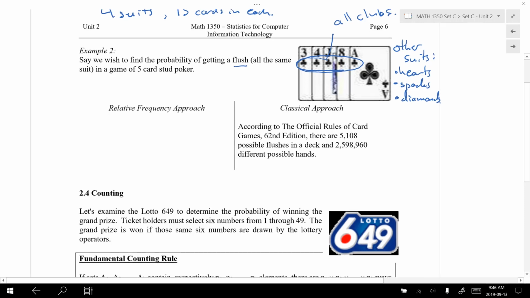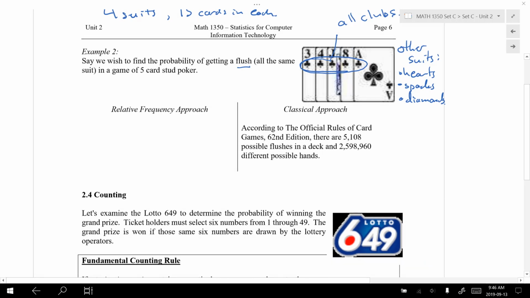Okay, so maybe you're playing this game, 5-card stud poker, not the most popular poker, and you want to know this probability. Apparently, according to the official rules, there are a total of 5,108 different combinations of cards that will produce a flush out of a possible maybe 2.5 or so million possible arrangements of cards.